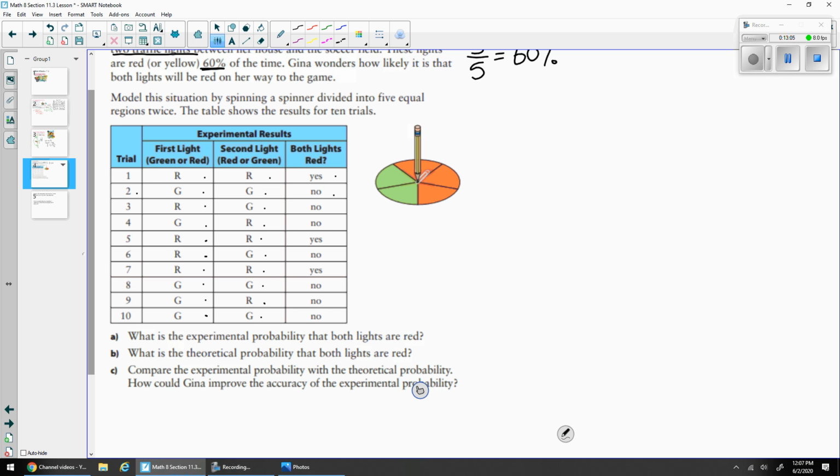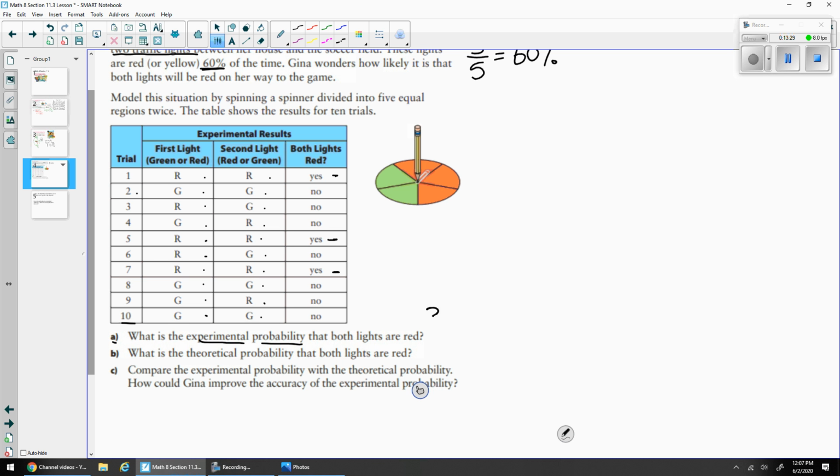Okay, so A, what is the experimental probability that both lights are red? Well, with her 10 trials, out of the 10 trials, how many times are both of them red? Well, we have 1, 2, 3 instances.